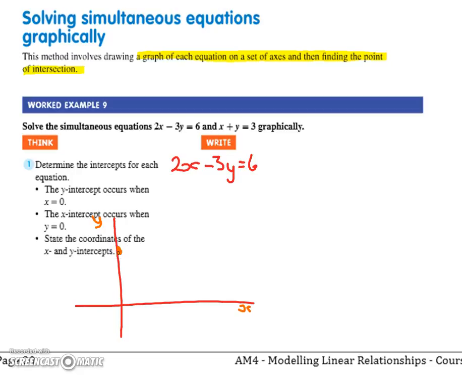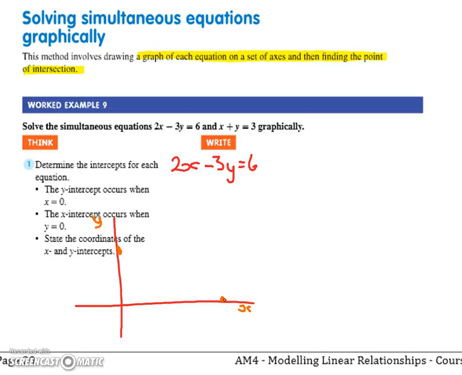And what's the other one that might be easy to find? The x-intercept, and we know the x-intercept is when y equals 0.